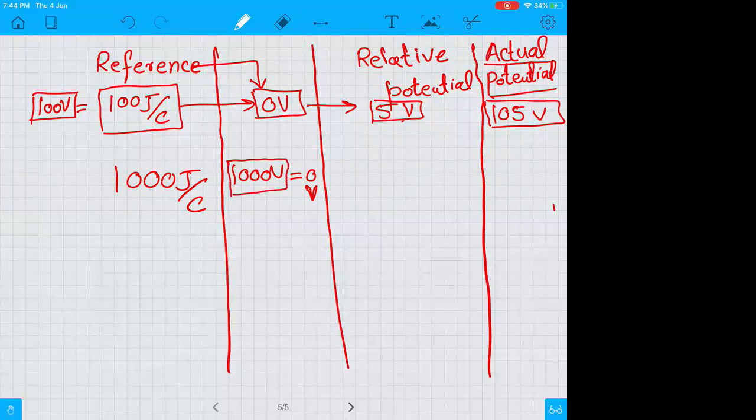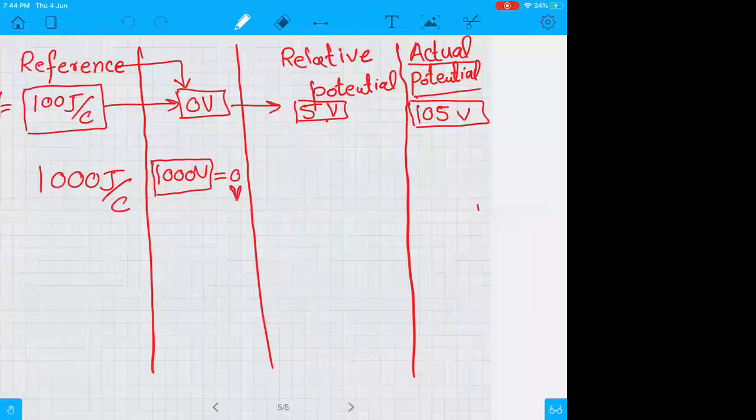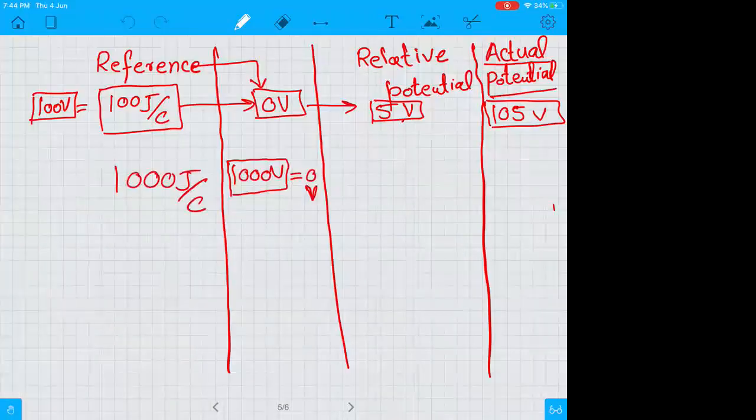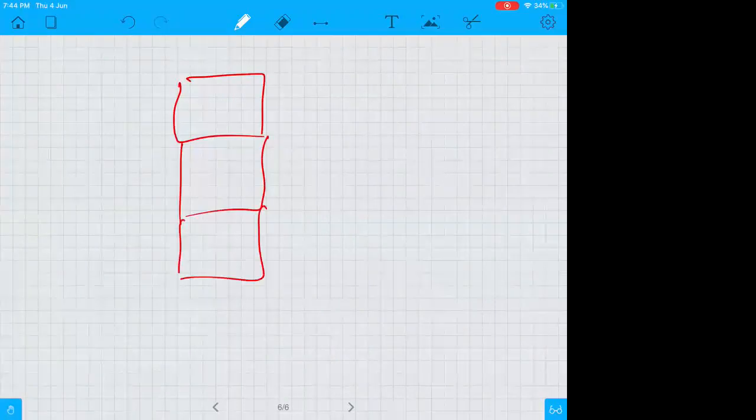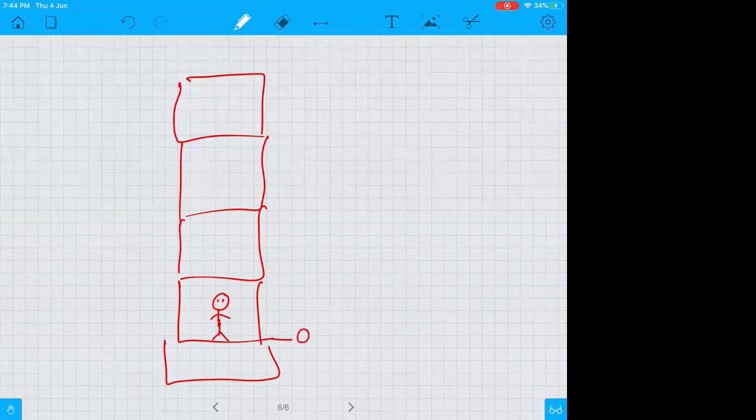It's like when you define your height and you are at some floor of the building and you say my height is 6 feet, just for example, then you are measuring your height with respect to your floor. And any floor on which you are, just for example, if we have a person which is on this floor, for him, this floor is at 0 height.